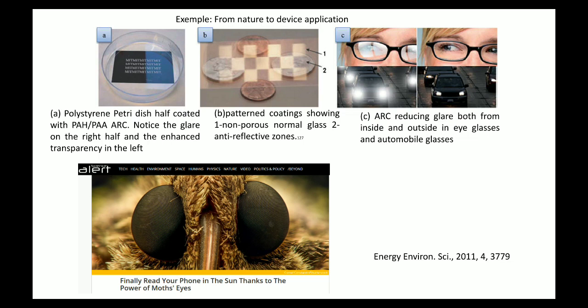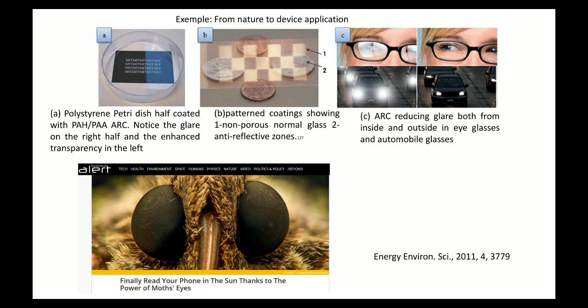So scientists understood this, and they similarly tried to make anti-reflective coatings on the surface of the mobile. What they realized is that if we make a moth's eye kind of structure on the surface of the mobile, then even in the sunlight we are able to see what is inside our mobile very clearly.